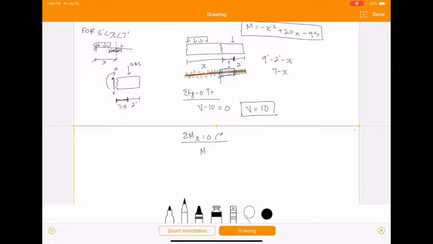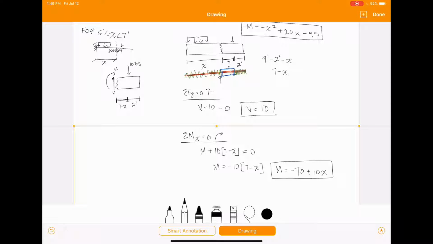So we're going to get m plus 10 times our moment arm, which in this case is going to be 7 minus x, equals 0. We can solve for m. And that's going to be our moment equation.